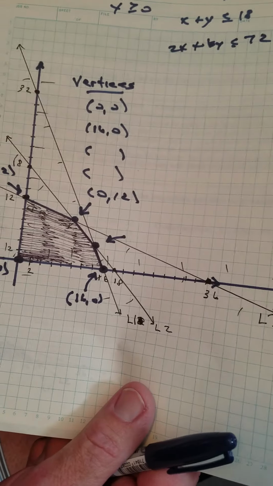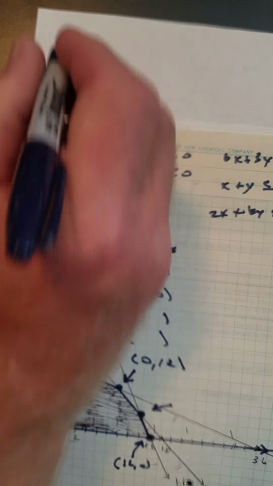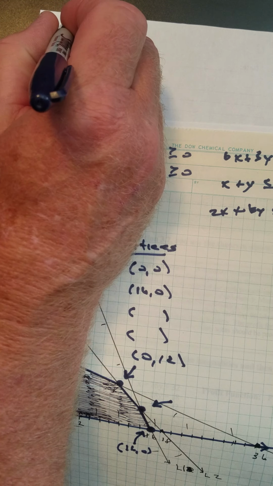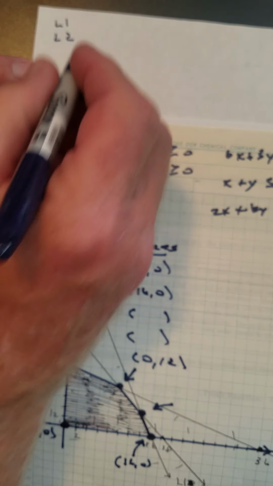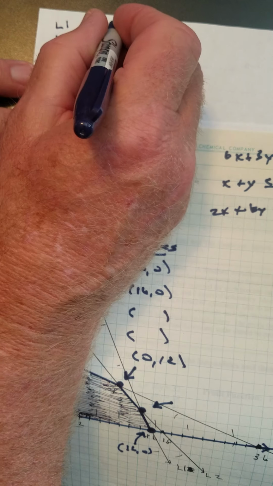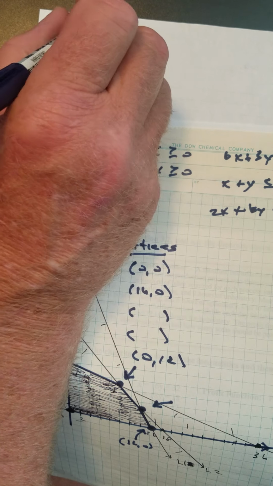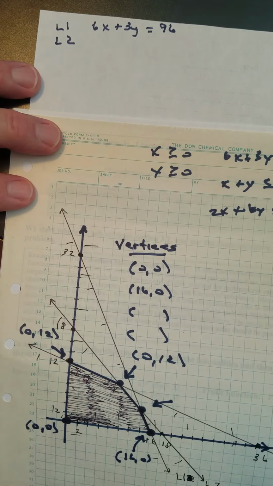Okay, so bear with me. What I want to do, I'm going to scrap sheet of paper. I said L1 and L2. I know L1 is 6x plus 3y, and I'm going to put 96 because I'm really talking about the line at this point. I want to know where the lines intersect.